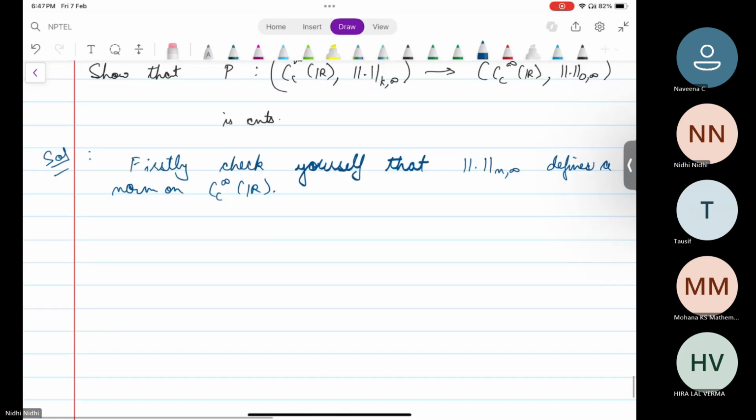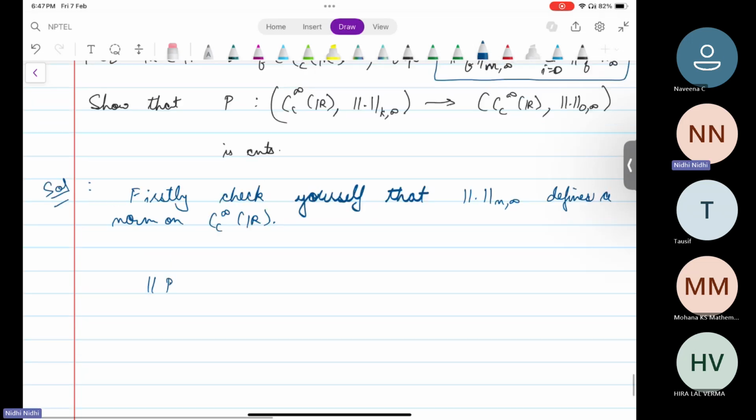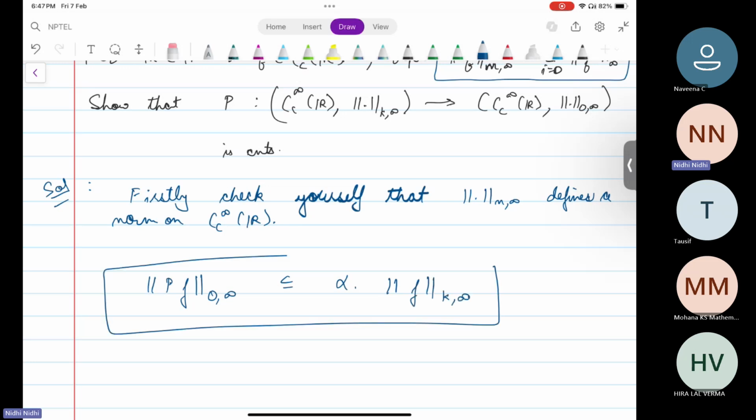So for a bounded linear operator, if I show that the norm of Pf, the norm on the range space 0 infinity, is less than or equal to some alpha times the norm K infinity of f, then I am done, because if this is satisfied for every f in our domain space, then the function is a bounded linear operator.